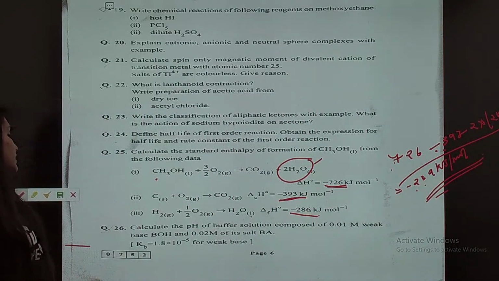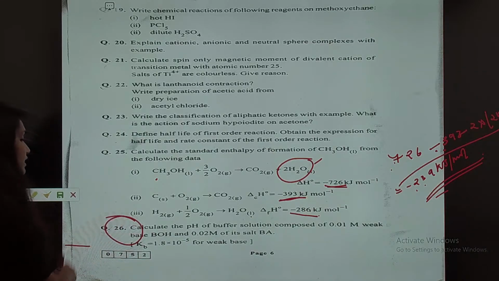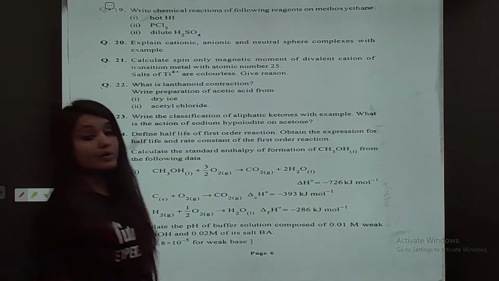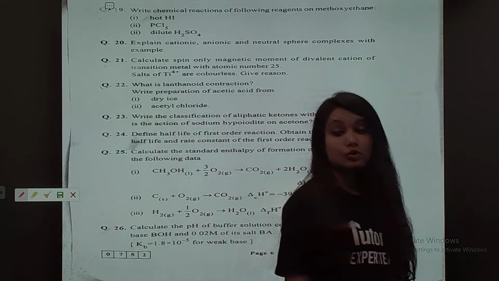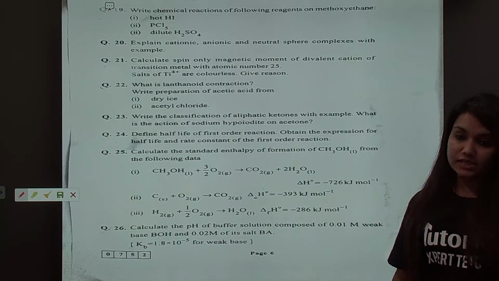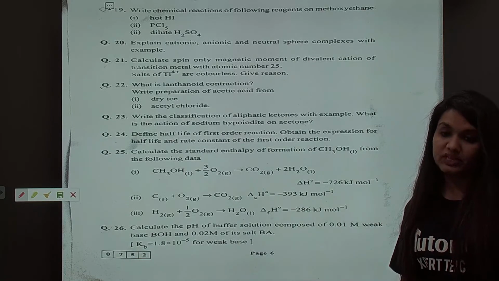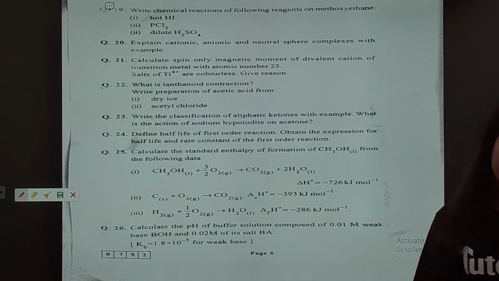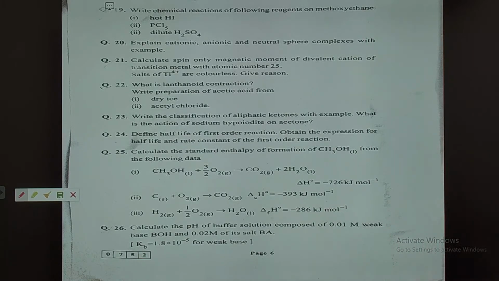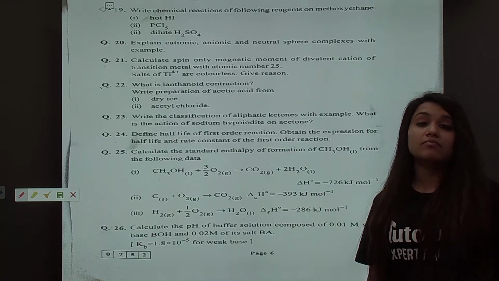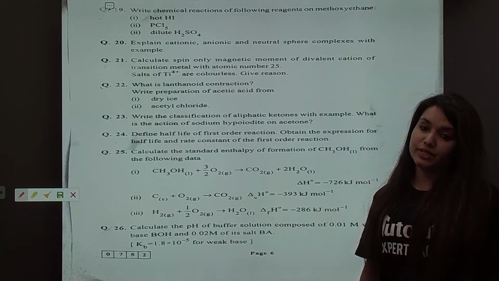Alright, moving on to the next question, question number 26. Calculate the pH of a buffer solution composed of 0.001 molar weak base BOH and 0.02 molar of its salt BA, and they have given you the Kb value, which is 1.8 into 10 raised to the power minus 5 for the weak base.